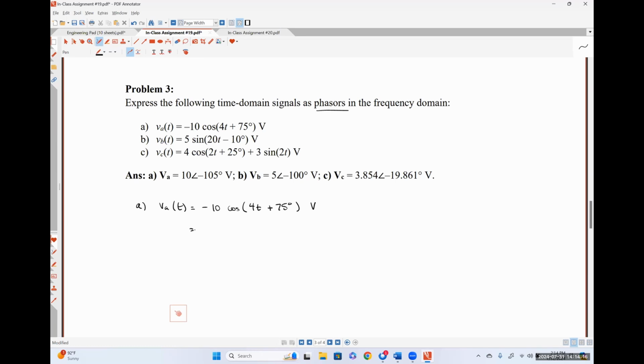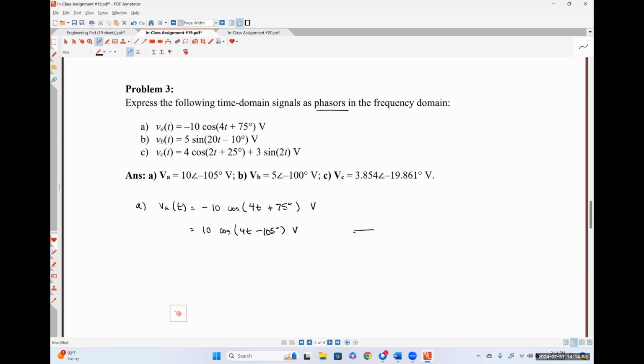For this one, we can get rid of that negative sign out front simply by subtracting 180 degrees from the phase angle or adding 180, but I'm subtracting here to make sure that my angle lies between negative 180 degrees and positive 180 degrees. I just want my angle to have the smallest possible magnitude. So that would look like 10 cosine 4t minus 105 degrees volts.